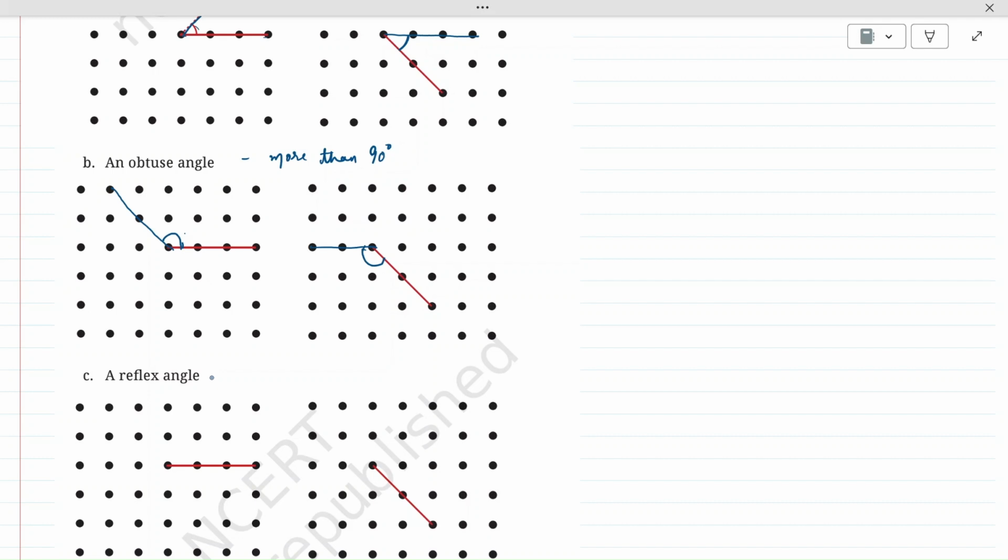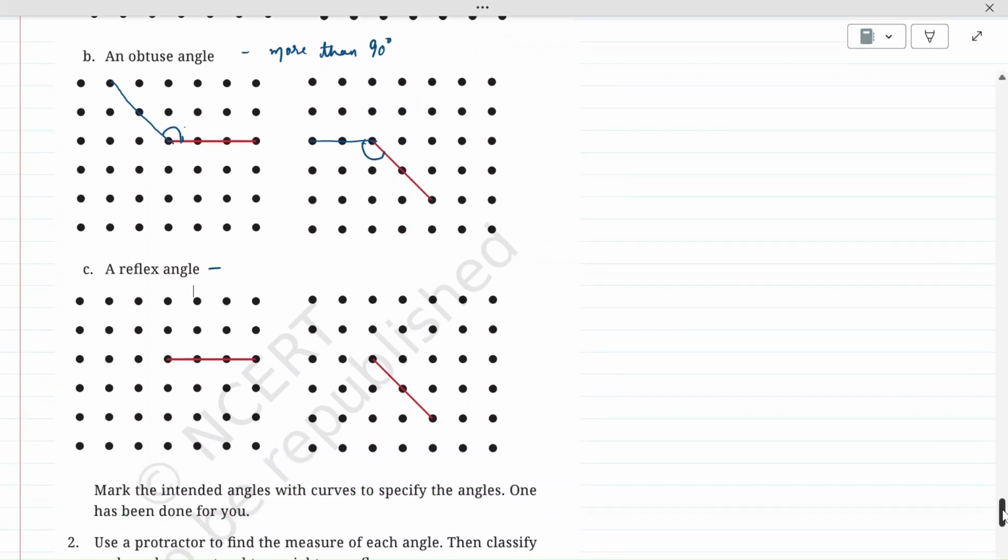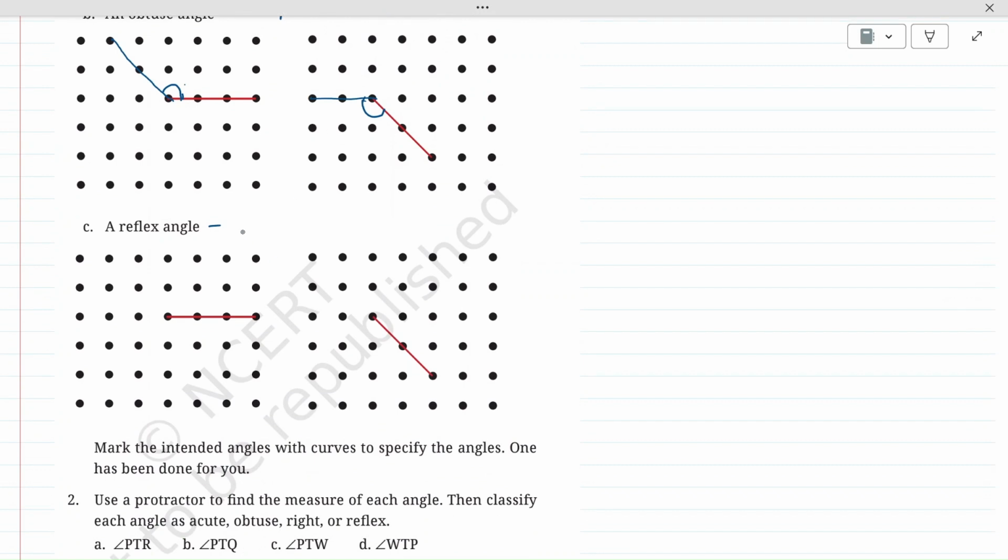Correct? Next, we have the reflex angle. So, what is a reflex angle? An angle which is greater than 180 degrees and less than 360 degrees is a reflex angle.